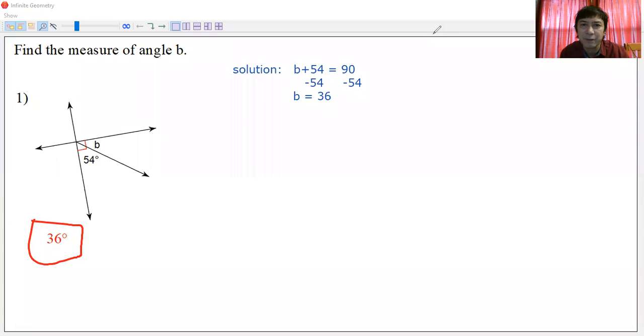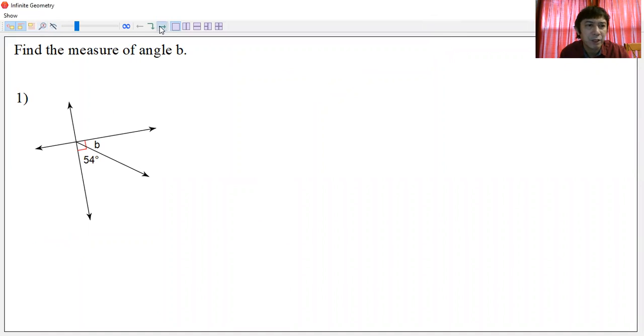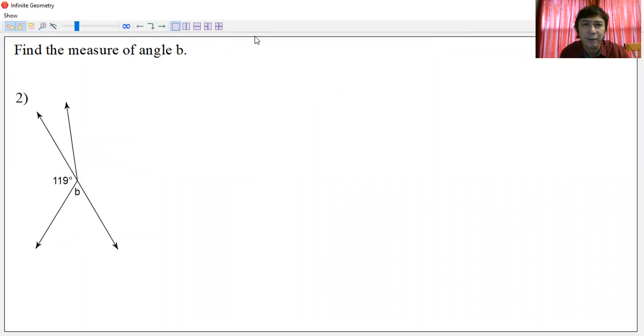Let's clear the screen and proceed to the second. All right, here's the second. Find the measure of angle B. Number one was complementary angles. This time we have a linear pair.